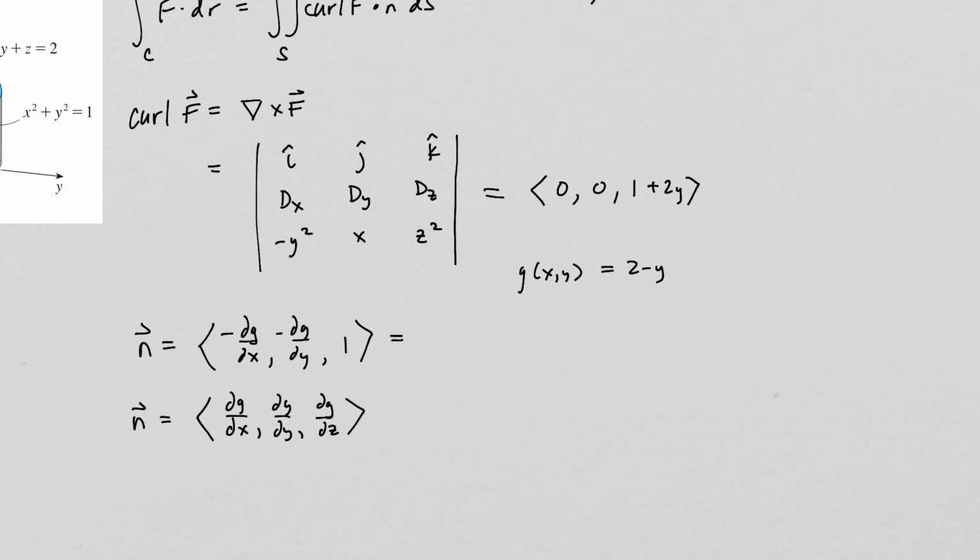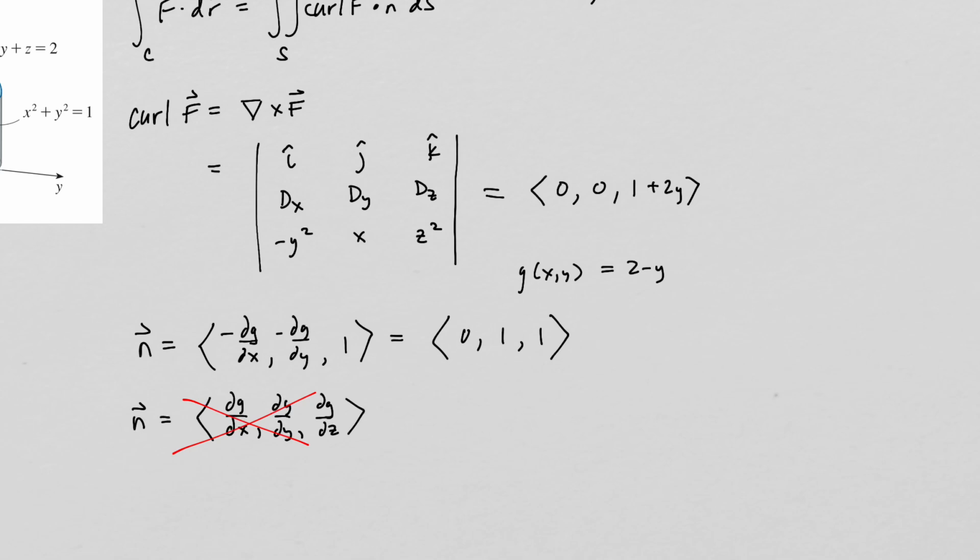So I'm not going to use this one. I'll just go ahead and use this formula here. And so the partial derivative of g with respect to x is 0. The partial derivative of g with respect to y is -1, so we have -(-1), which is 1, and then 1 again.